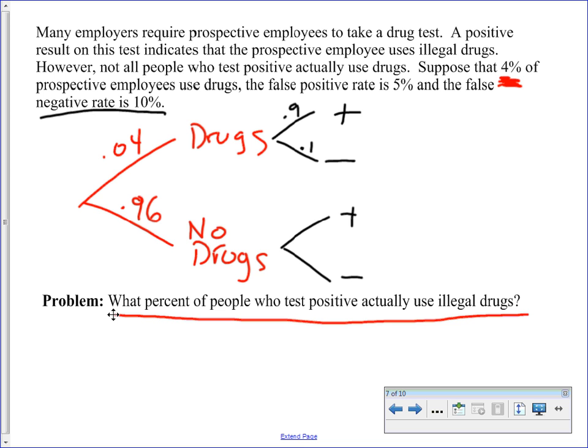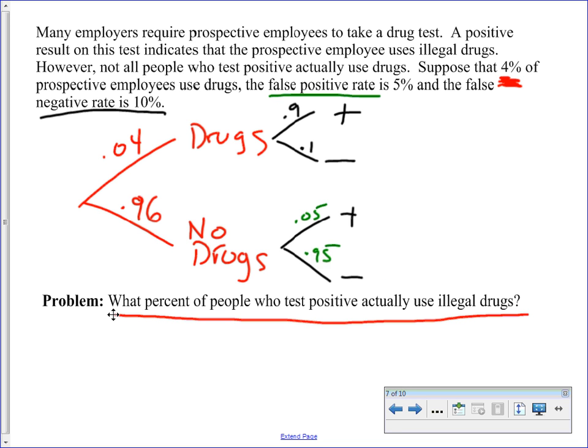Now here you didn't take drugs, so if you get a positive, that's wrong. That's the false positive, and that's 0.05. So this is 0.95.